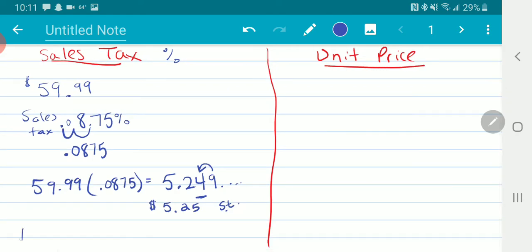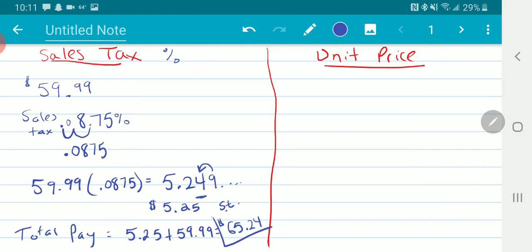Okay, so that's my sales tax. If I'm looking for the total pay, all I have to do is add that sales tax, $5.25, plus my original price, which is $59.99, and my total cost is going to be $65.24.